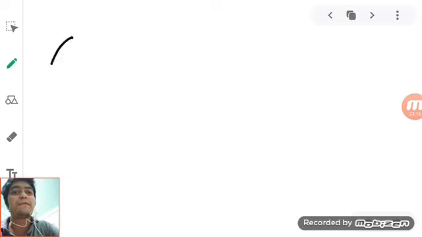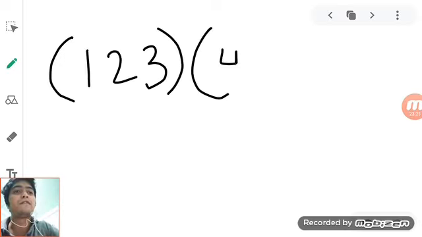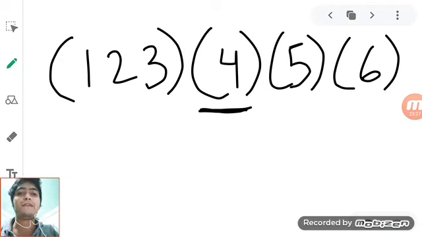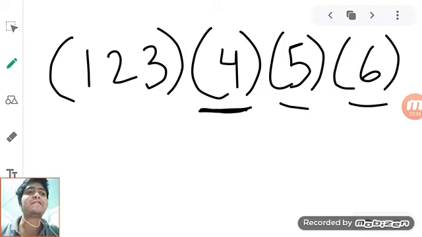So when you are having something like this, 4, 5 and 6, these elements go to themselves. 4 goes to itself, 5 goes to itself, 6 goes to itself. It is best if we can even simplify the notation further.